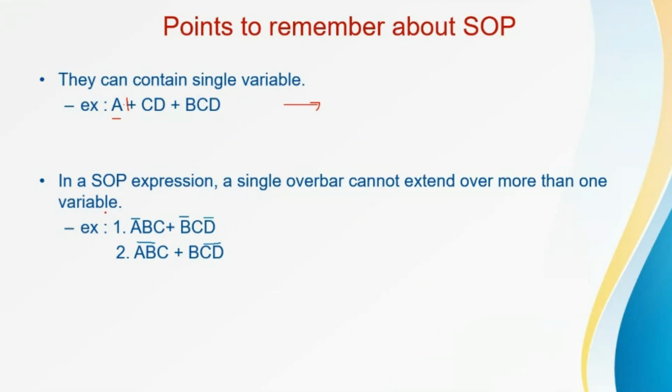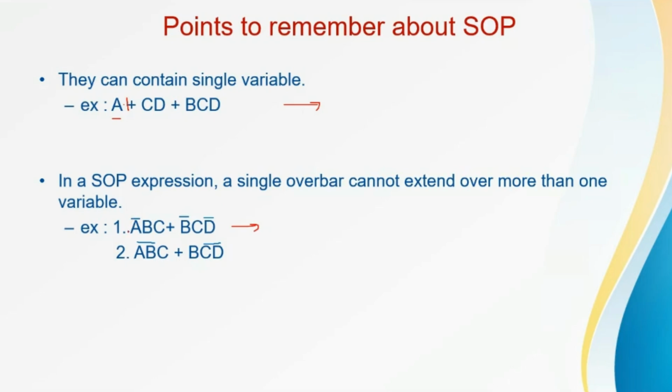Another thing we have to consider is that in a SOP expression, a single overbar cannot extend over more than one variable. For example, we have taken A bar B C plus B bar C D. The bar is only for A here, and here the bar is for B. This is valid.